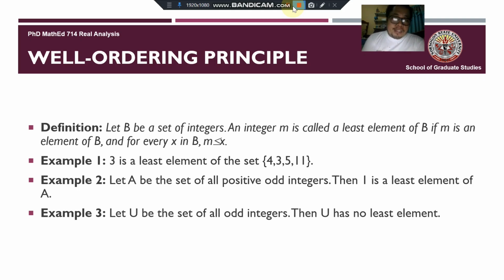Then for number 3, since it involves not only positive but also negative integers, and we know that the trend of the values in a set of negative integers is decreasing from negative 1 onwards to more negative odd integers, it doesn't contain the least element. So that is the reason why. For number 3, that is the only set in which we cannot identify the least element.